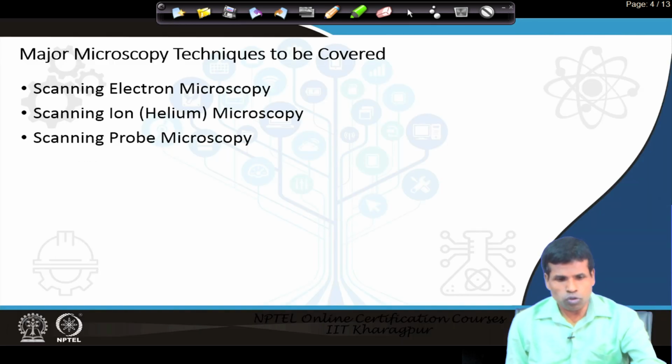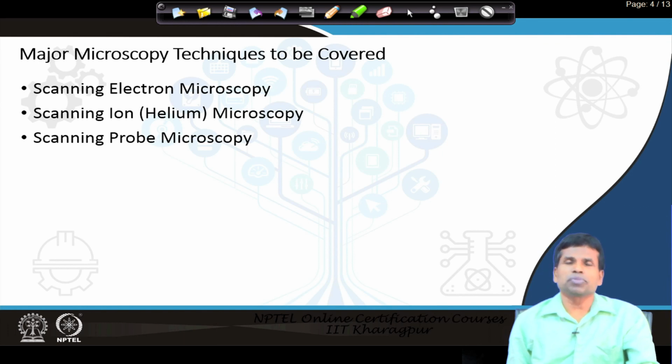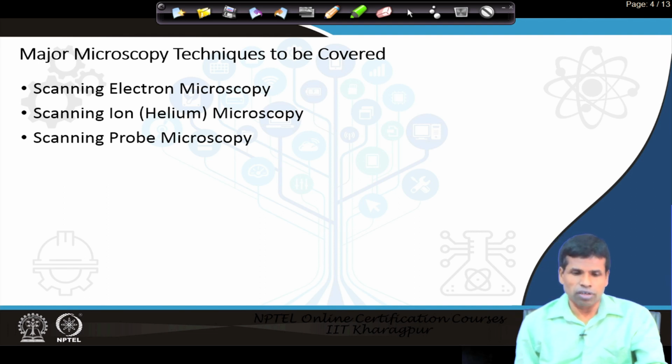Let us go to three major microscopic techniques that will be covered in this course. First will be scanning electron microscopy, then scanning ion microscopy, in particular helium ion microscope, then scanning probe microscopy.